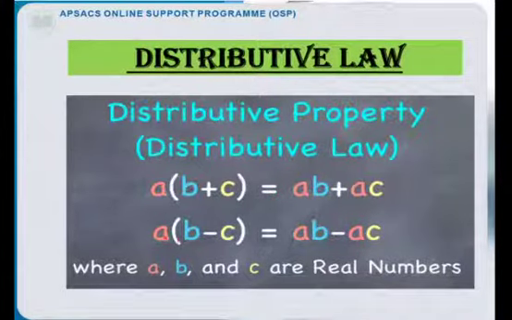Second one is A bracket B minus C. So A is going to multiply with B, and A is going to multiply with C. A multiplied by B is AB, minus as it is, A multiplied by C is AC. Here A, B and C are real numbers. Clear? Let's discuss the example.